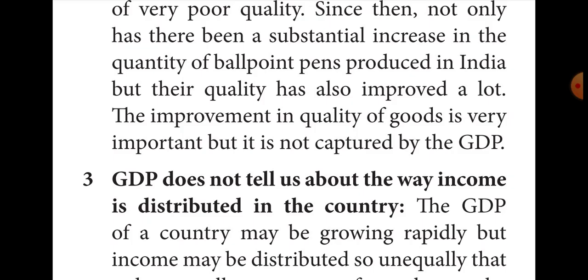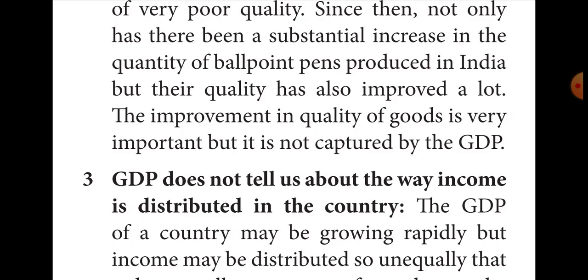Then the third one is, GDP does not tell us about the way income is distributed in the country. It won't say the details of how that income is distributed.